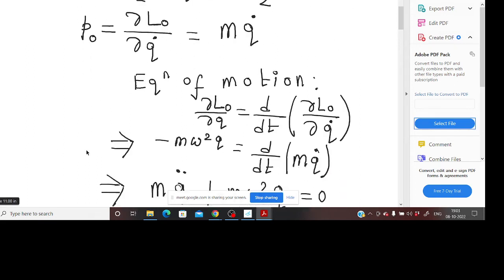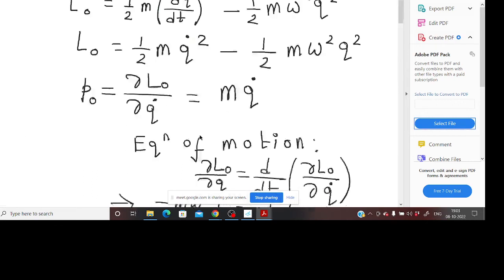And what is the equation of motion? Again, it is found from the Euler-Lagrange equation, which is del L0 by del q equal to d/dt of del L0 by del q dot. Del L0 by del q is equal to minus m omega square q, and del L0 by del q dot is equal to m q dot.